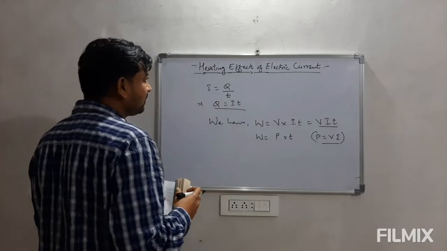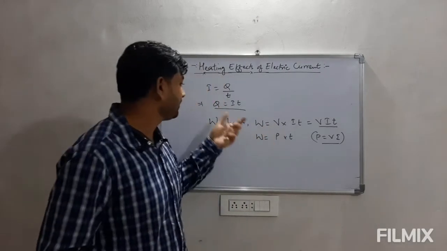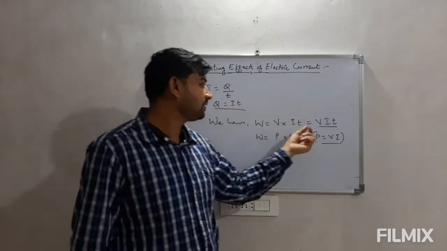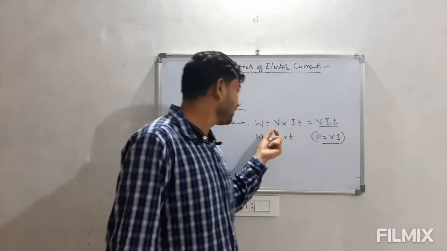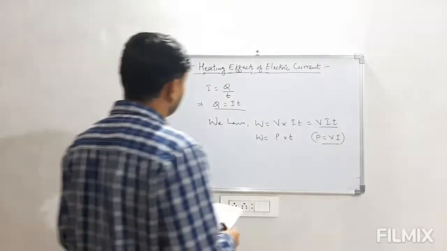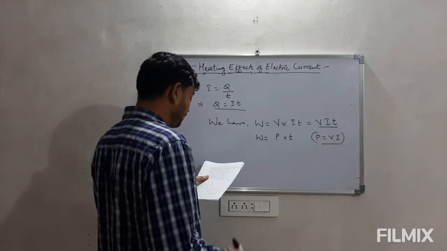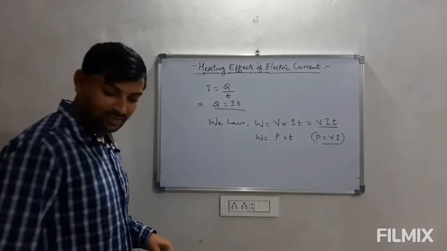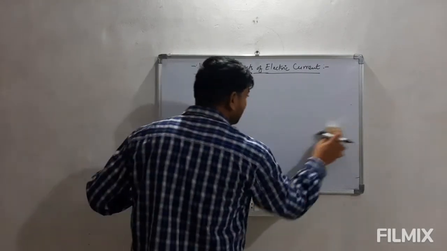Whenever we talk about the heating effect of electric current, the work done is V into Q, which we replace with I t here. So we get the relation VIt. Work done is VIt. When we want to calculate the heat through that conductor, it is given by this relation only, that is W is equal to VIt.